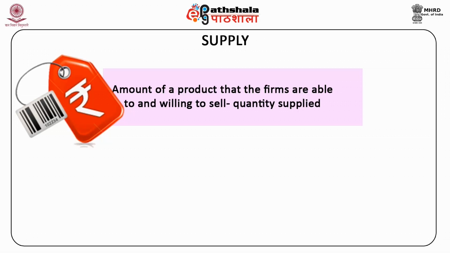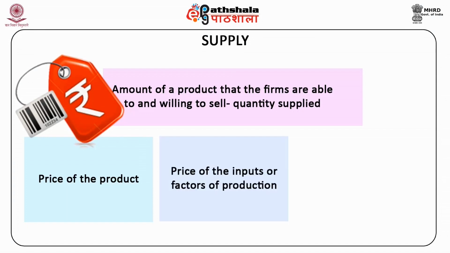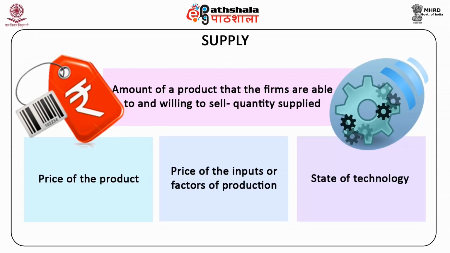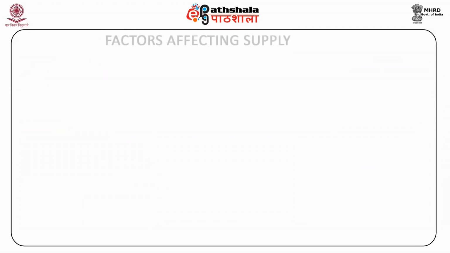Supply is a flow variable which is affected by the following factors: the price of the product, the price of the inputs or factors of production, and the state of technology. The above factors are also known as the determinants of supply. The factors affecting supply can be shown as a relationship.